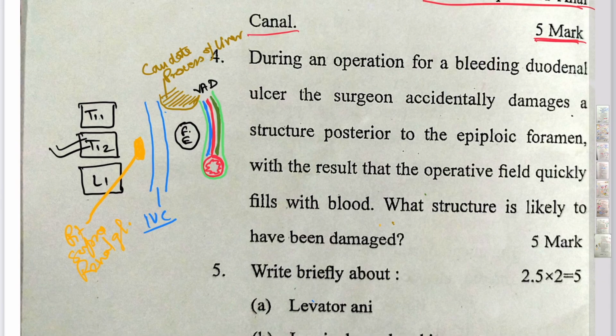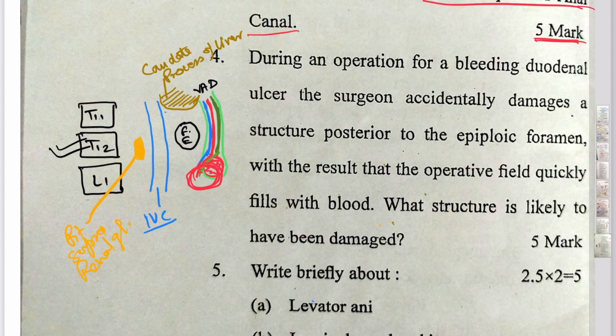If they ask what the vertebral level is, remember T12 is the vertebral level of the foramen epiploicum. Inferiorly, the first part of the duodenum and these vessels are also in inferior relation, because what I have drawn is not very proportionate. This should actually be like this, right? So the duodenum should be placed here a little more inferiorly, so you've got a better idea.